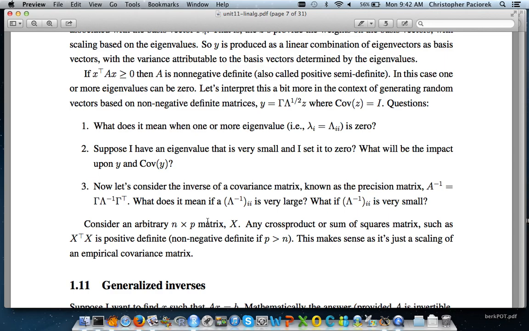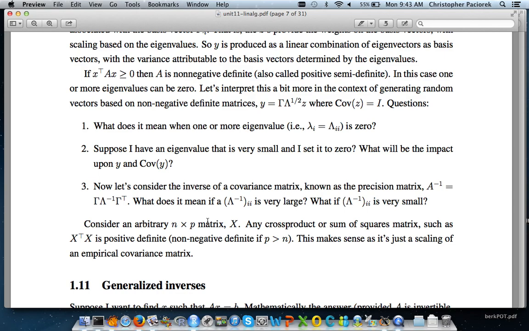But I can, of course, just generate y according to the recipe over there and then add the vector mu, and that's going to generate a multivariate normal random variable that has mean mu and covariance A. But the thing I want to think about in this context is what happens when I've got, say, one of these values very large. So the precision is very large. So that means the variance is small. So I've got a lambda i that is small.